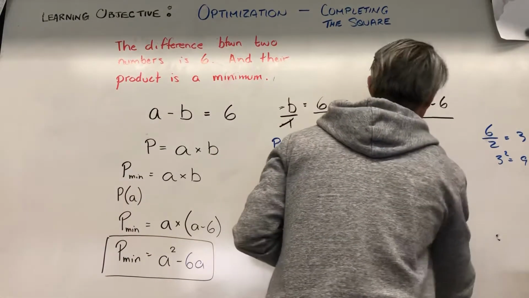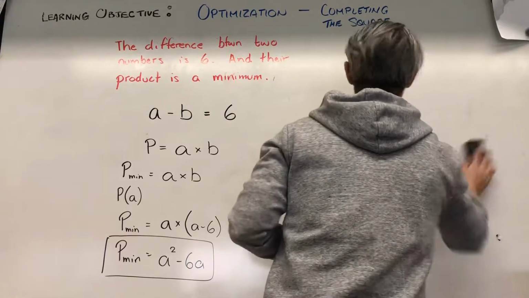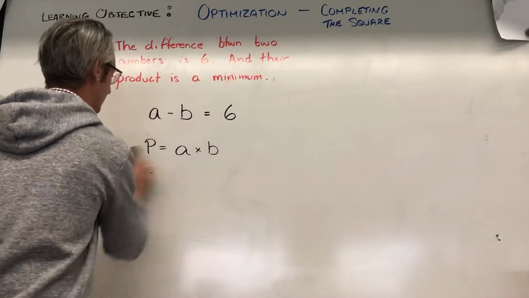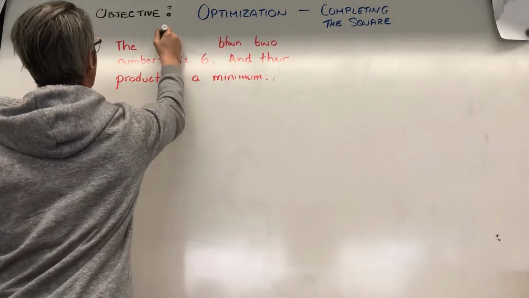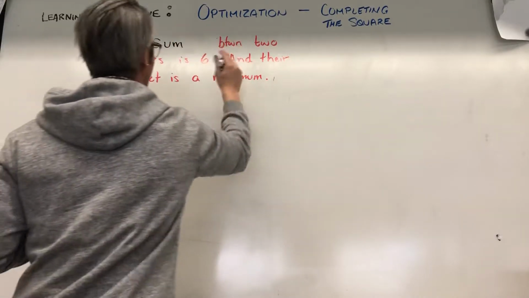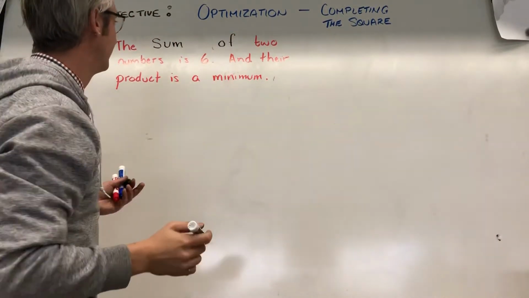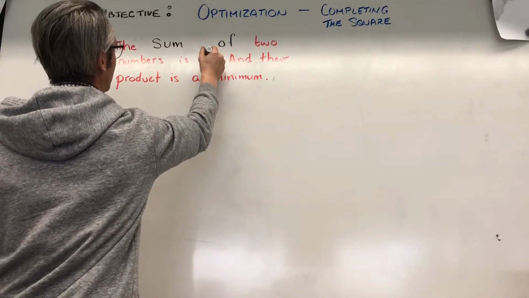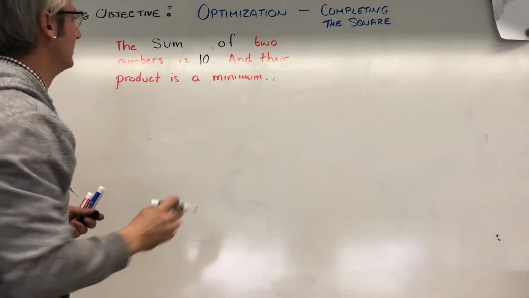So if I told you that instead of the difference, the sum of two numbers is 6, or we'll say is 10, and their product is a maximum.